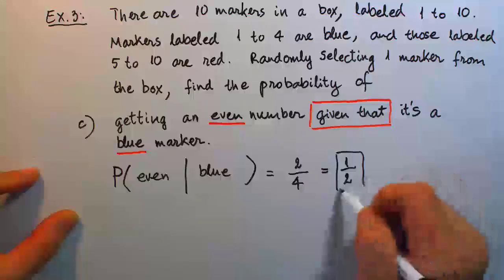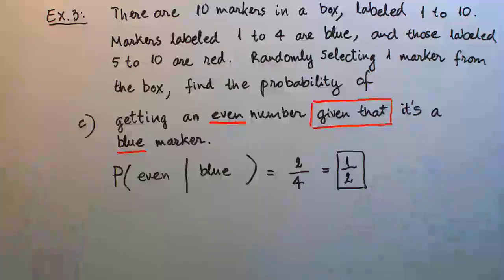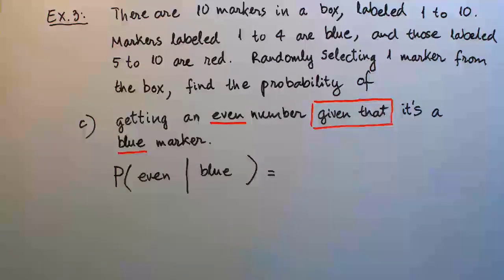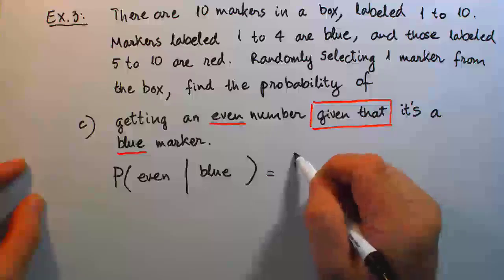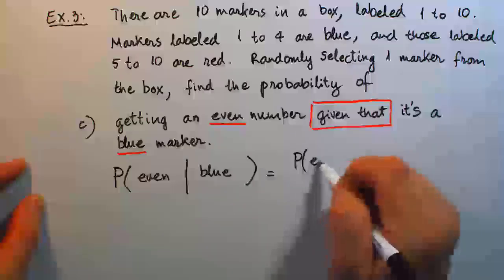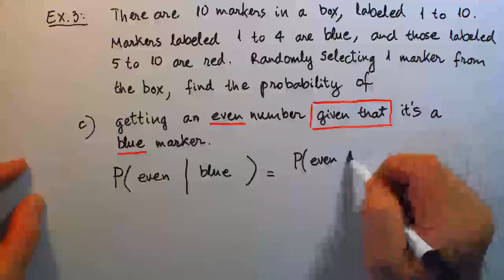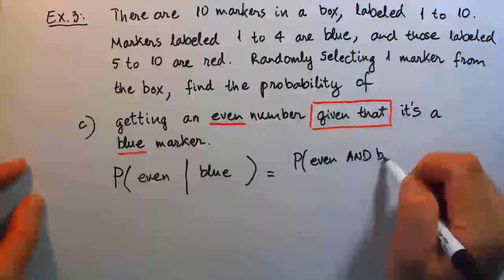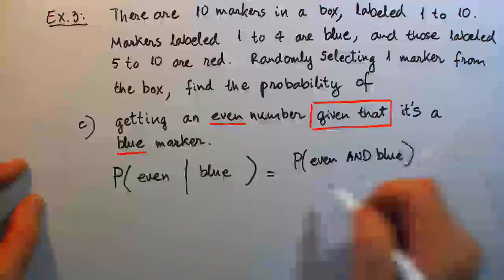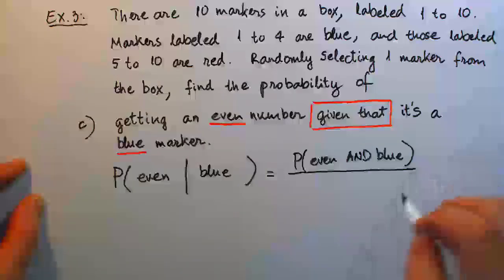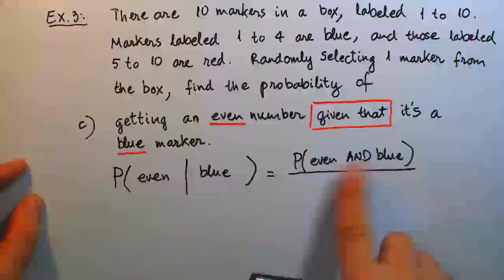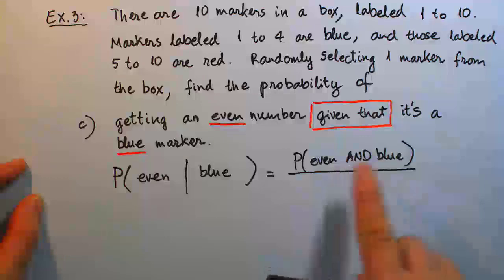And once again, as a different approach, the probability of even given blue, I can think of as the probability of being even and blue. Notice the probability of even and blue is also the same as the probability of being blue and even. In this compound statement, if we switch the order of the 2 events, it doesn't change our answer.